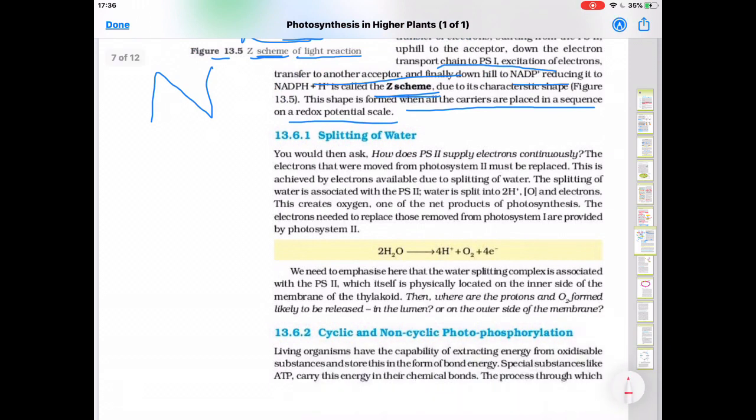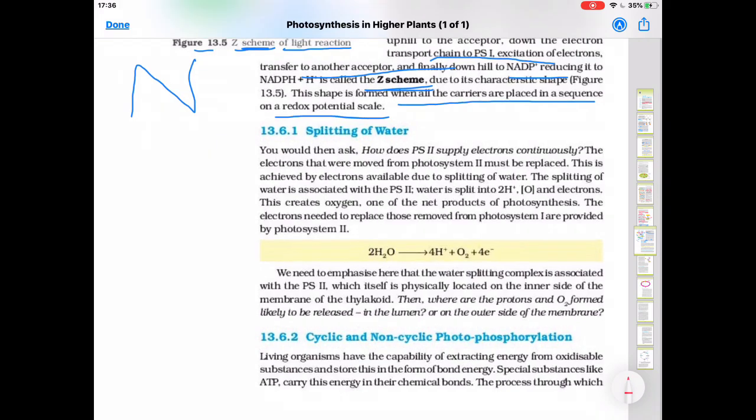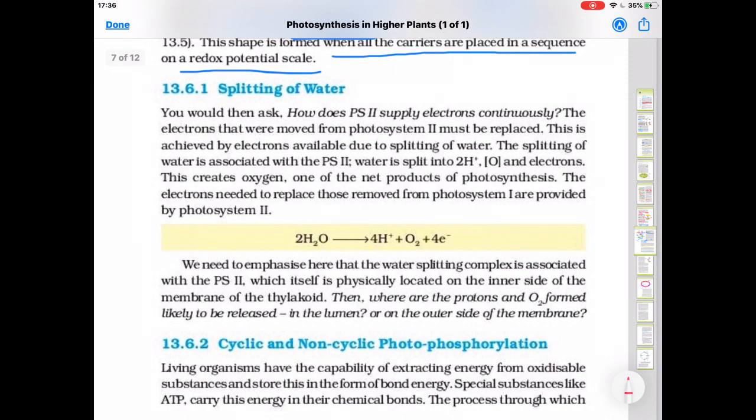So the oxygen released during photosynthesis is due to the splitting of water. The splitting of water is associated with PS2. Water is split into H-ions, oxygen and electrons. This creates oxygen, one of the net products of photosynthesis. That is why oxygen is released during photosynthesis.